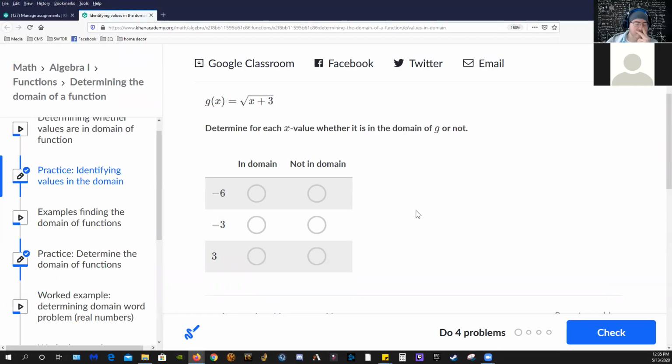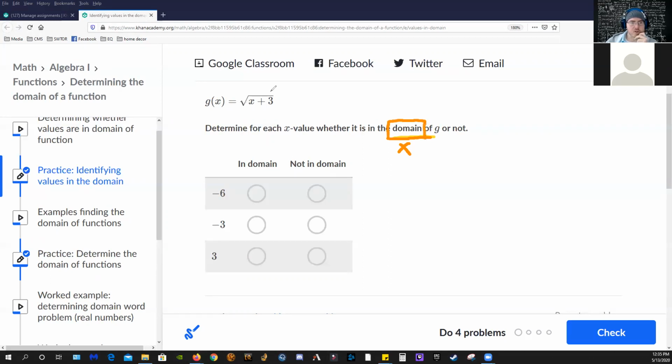Okay, so with these, what we've got to remember is that the domain, let's get a different color, the domain are our x values.